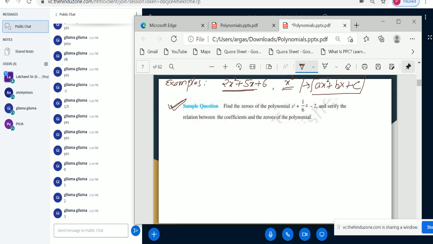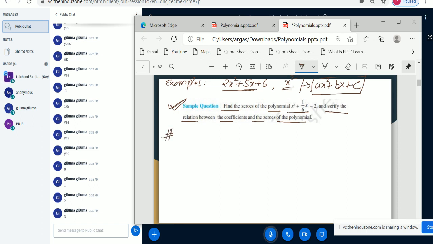Here in this question, find the zeros of the quadratic polynomial and verify the relation between coefficients and zeros of a polynomial. Can you solve this question? Okay, let me explain.